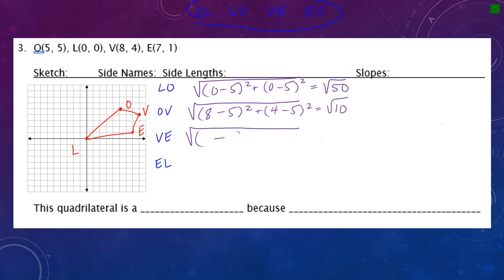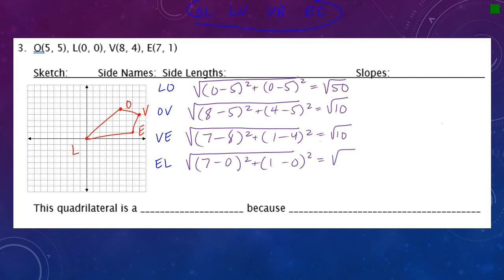For VE, I would have 7 minus 8 and 1 minus 4. And this also comes out to be the square root of 10. And then EL, so that one would be 7 minus 0 and 1 minus 0.